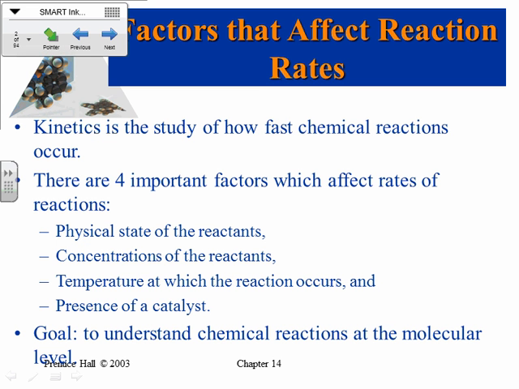Also included in physical state are things like the way that the molecules are turned when they hit one another. We'll talk about this more when we get to collision theory, but if molecules aren't turned in the correct orientation, they won't react. So they have to be turned correctly in order to react when they hit. Other things included in physical state: surface area.